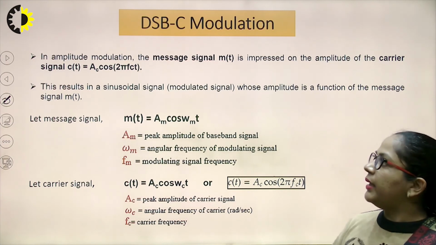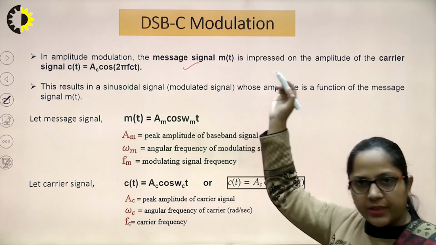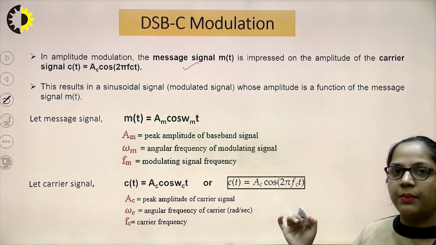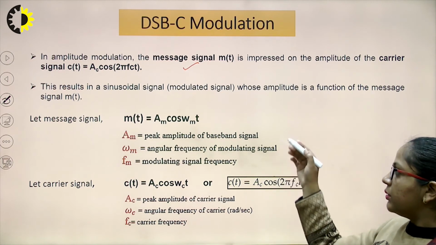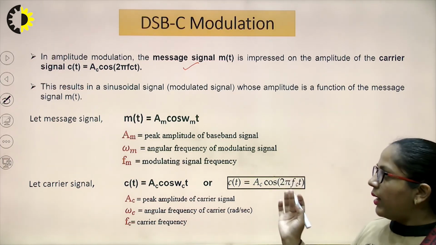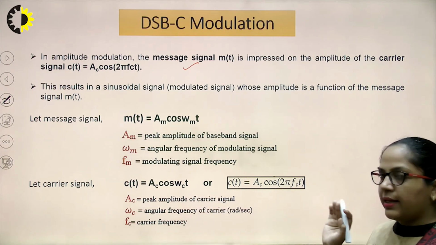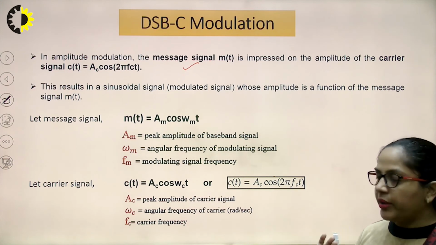We know in amplitude modulation there is a message signal. Now, we will represent our message signal and carrier signal mathematically to understand what amount of modulation we have to do, and how we can analyze our waveform or our information after modulation.